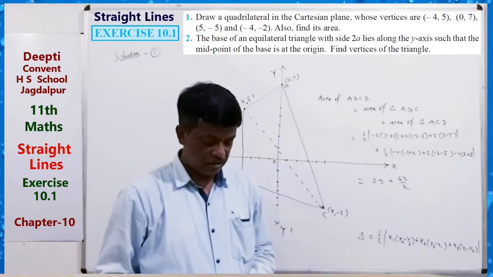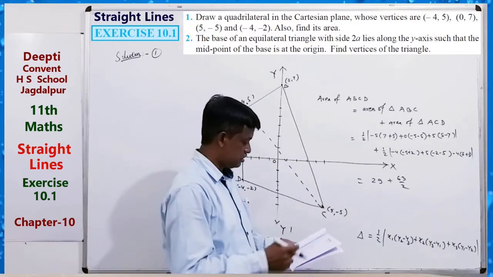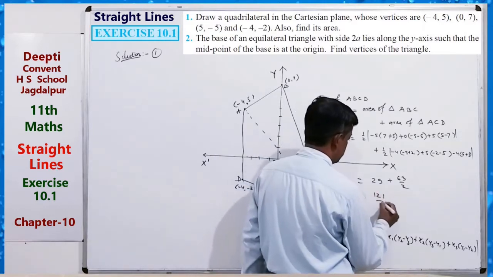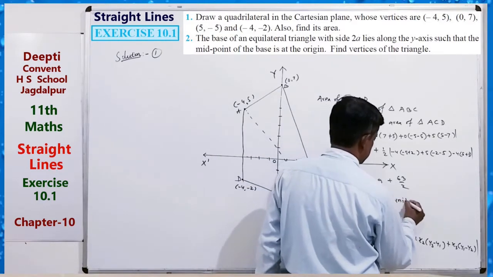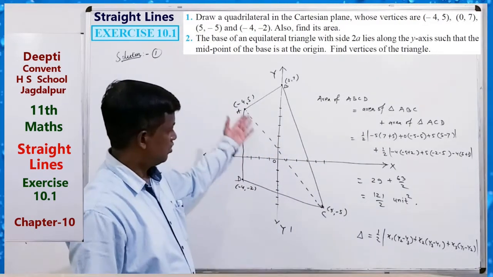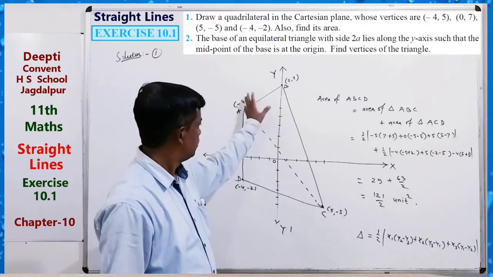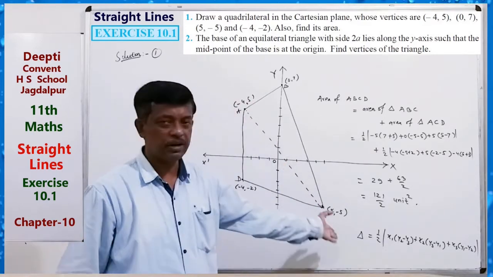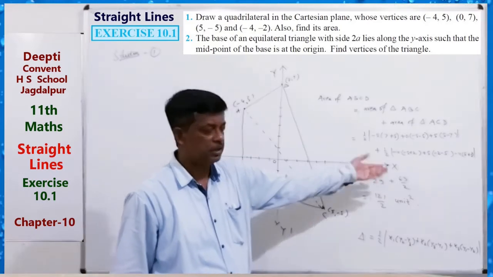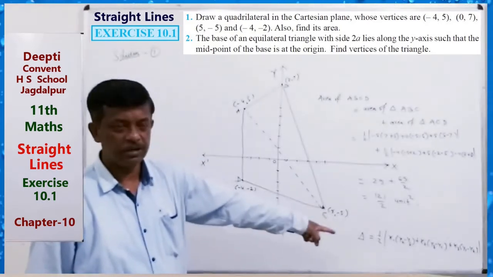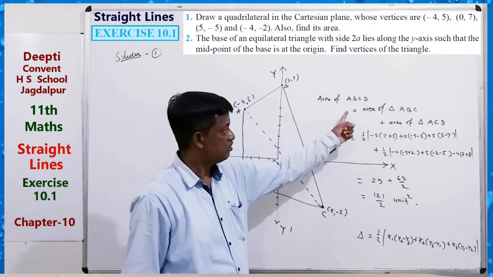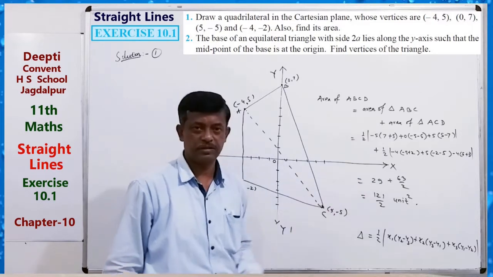Just multiply, add and take the positive sign. So the area is finally 121 by 2 unit square. Okay, so this is question 1. First of all, draw the diagram and join one of the diagonals. Find the area of the first triangle and the second triangle using this formula, and you get the area of quadrilateral ABCD.